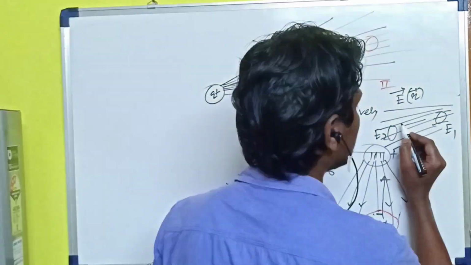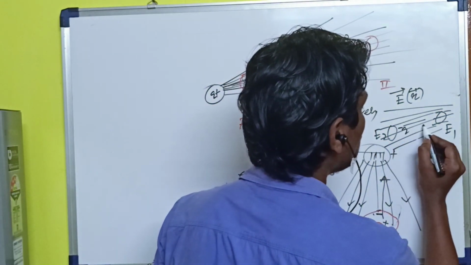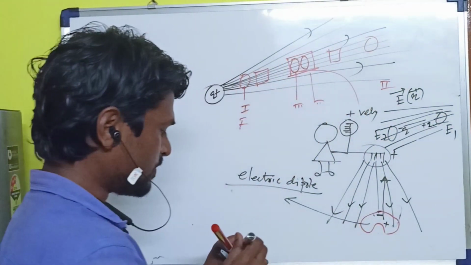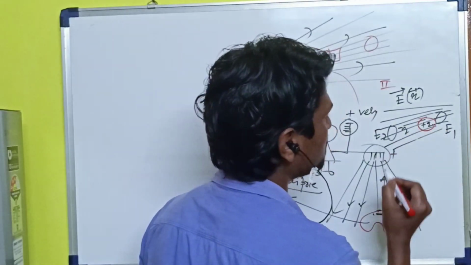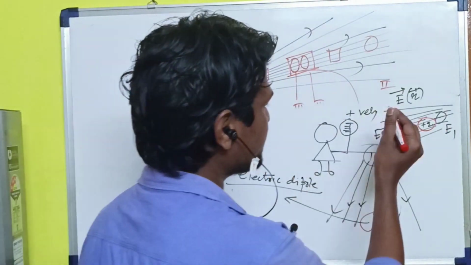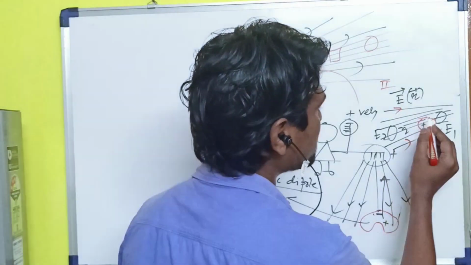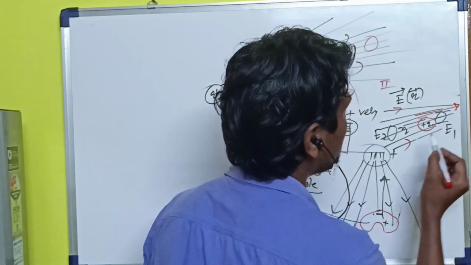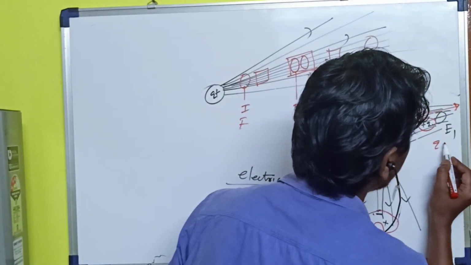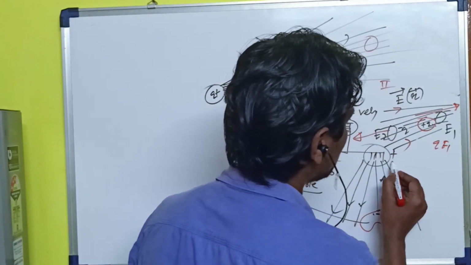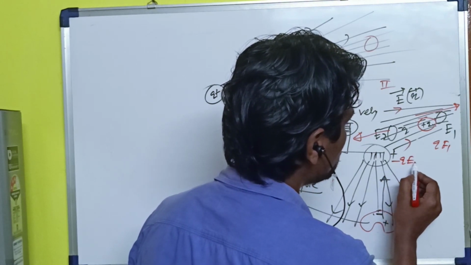The dipole has minus Q and plus Q. The plus Q experiences a force along the direction of the electric field, and the minus Q moves along the opposite direction. So this force is QE1 and this force is minus QE2.